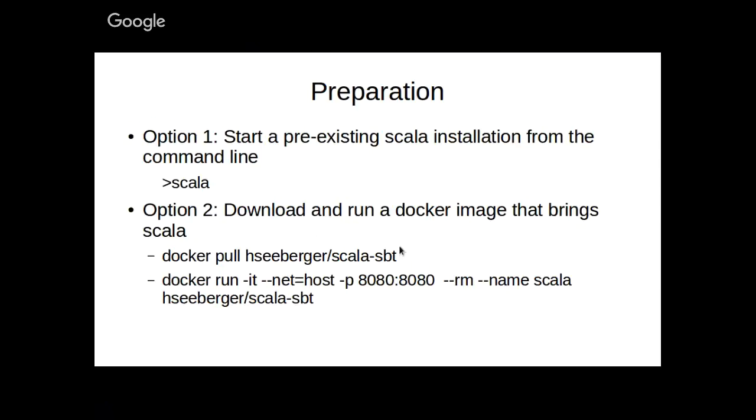And the way in which you're going to download it is you're going to say docker pull hcburger/scala-sbt. One of the things I would have loved to cover in this class, and probably given one more class, I would have done it. I may secretly record one more class and broadcast it to you folks. Or maybe we'll have a reunion.